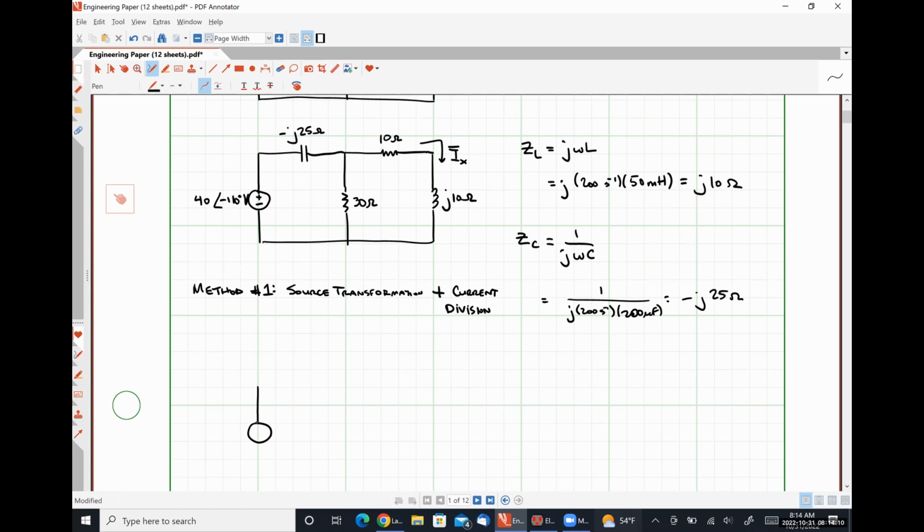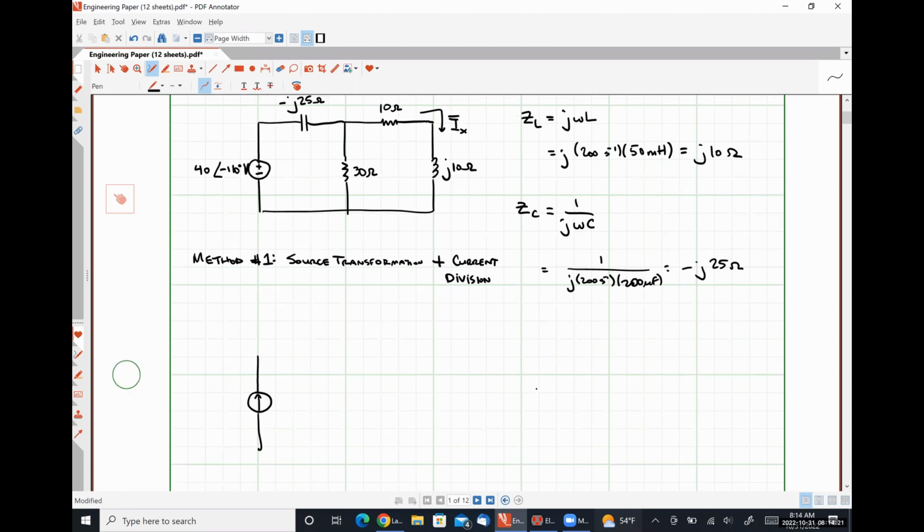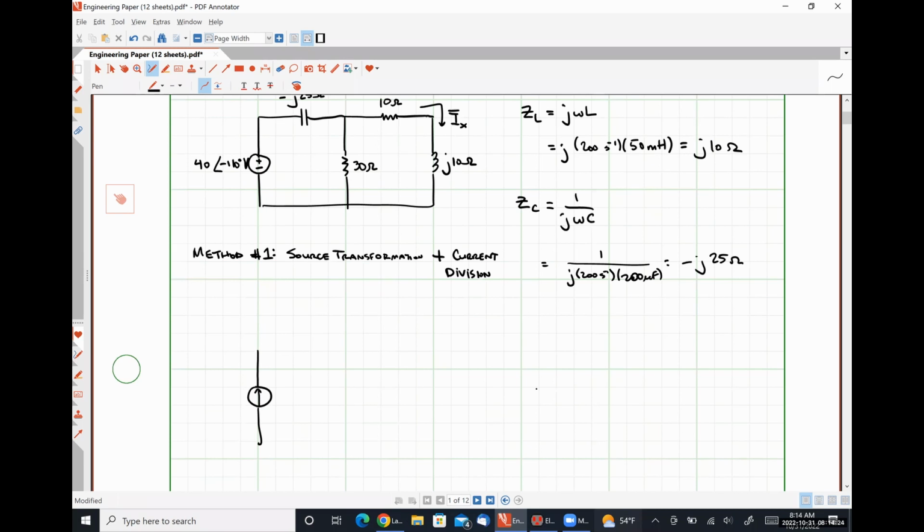Since the positive polarity terminal of the voltage source is on top, the current is going to be flowing up. The amount of current being provided is simply our voltage, 40 angle negative 110 degrees volts, divided by the impedance connected in series, which was minus J25 ohms. I'm just going to leave it like this for now. If we have calculators, we could figure it out, but it's not adding any particular value to our analysis.